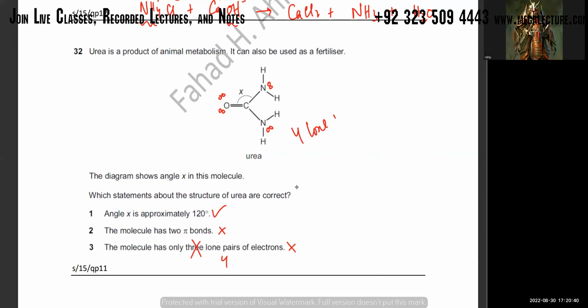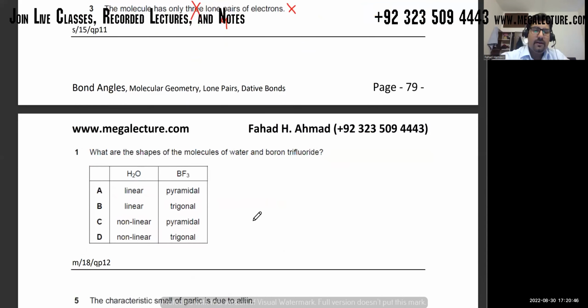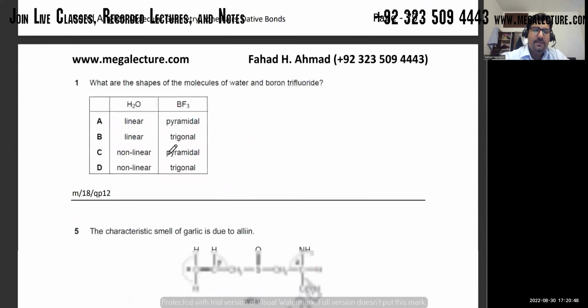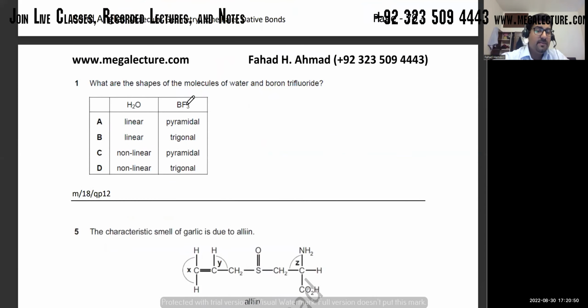जी सर। Okay, you've got, what are the shapes of the molecules? What are BF3s? Remember, planar. It's trigonal, not pyramidal. It's planar.